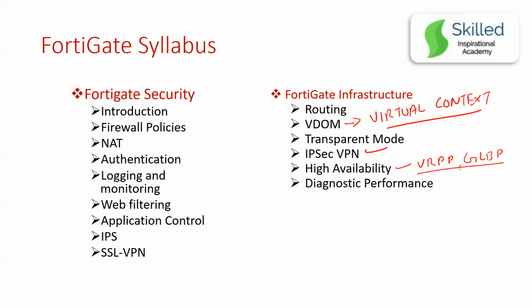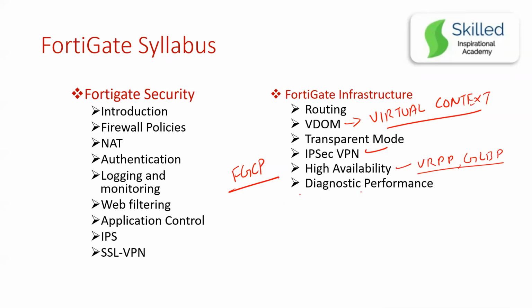Your network will always be up and stable, because if one of the devices goes down, you have another one to handle all the traffic. That is high availability. FortiGate firewall has something called FGCP, the FortiGate Clustering Protocol. This is a proprietary protocol. We'll talk about this in great detail in the course. The implementation is a little different, but the concept is more or less the same.